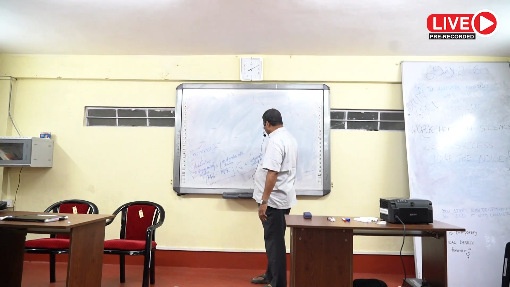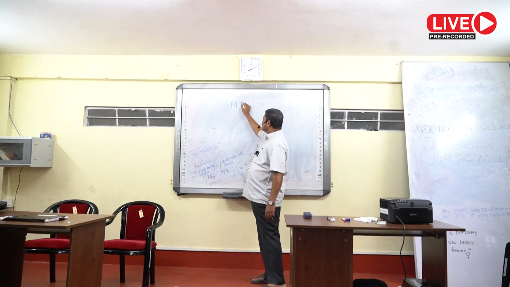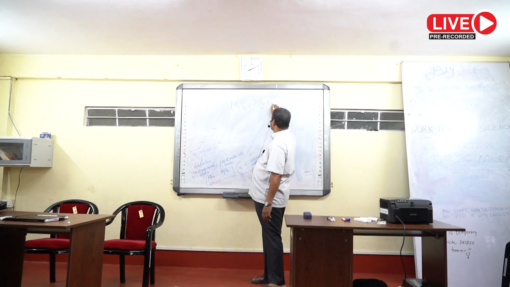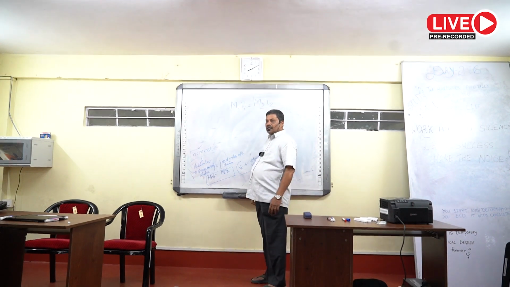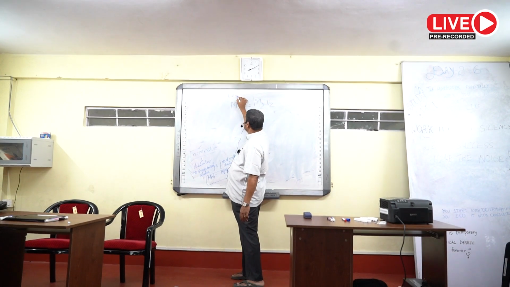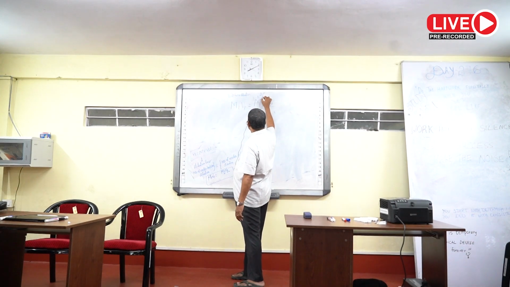So this we have to find out. So M1 V1 is equal to M2 V2. M1 V1 before dilution, M2 V2 after dilution.